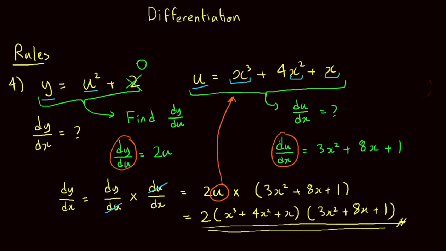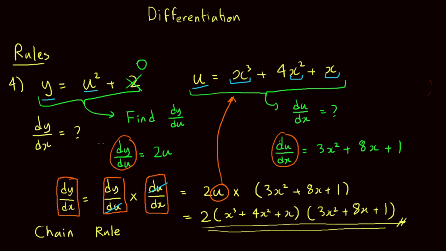So the rule that we did here just now is what is called the chain rule. So why is it called a chain rule? Because you're multiplying two derivatives together to get your desired derivative: dy/du multiplied by du/dx, and this gives us dy/dx.